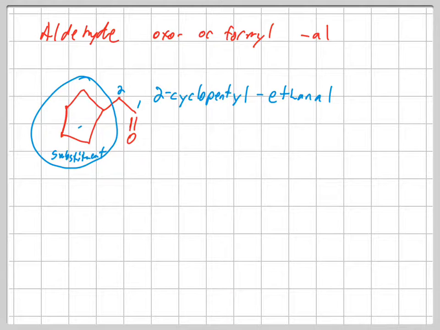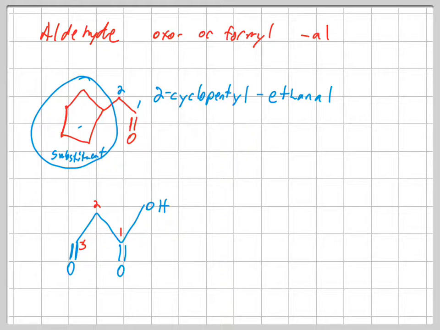Now, at the same time, if we had this molecule, and then this was an OH group, see, that's our carboxylic acid again. That has the highest priority on our list. And then over here we had a double bonded oxygen. We'd also have an aldehyde down there. In this case, we would name this, we count carbons, so we have 1, 2, 3.